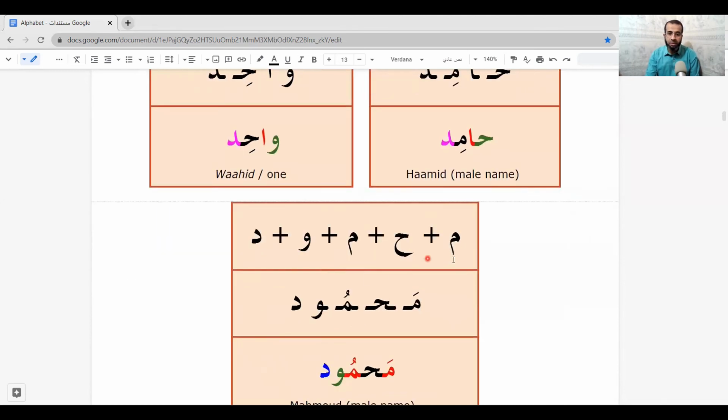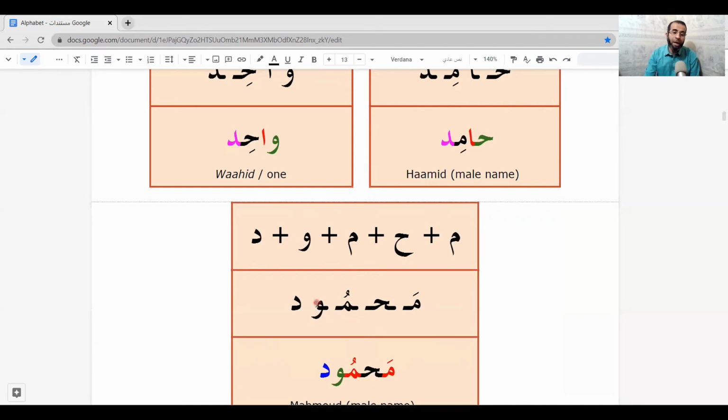What about this word? It has 5 letters. Mim, ha, mim, waw, dal. The first mim has fatha above it. Look here, this is mim and also this is mim. This first mim has fatha and this has dhamma. So this is ma, but this is mu.